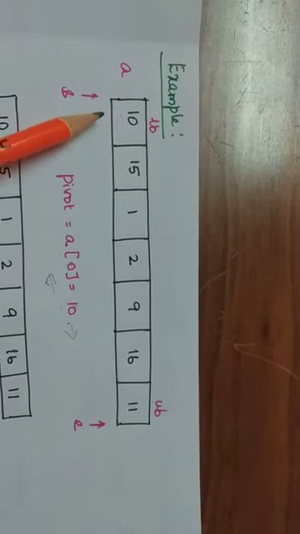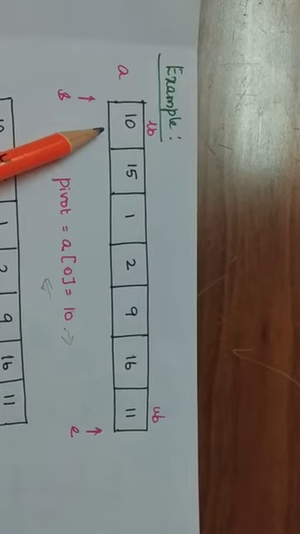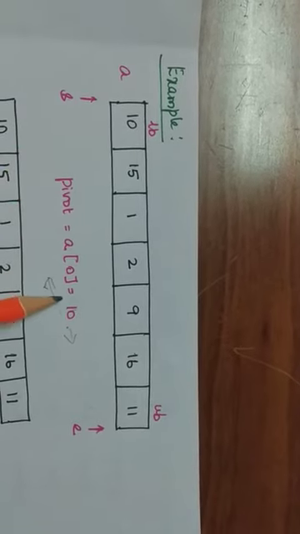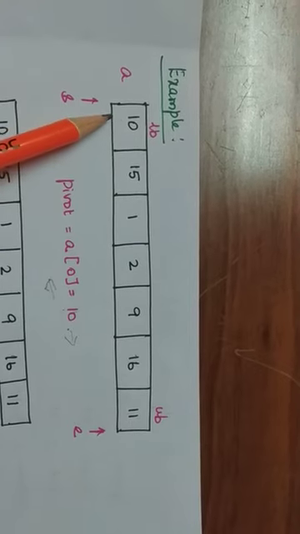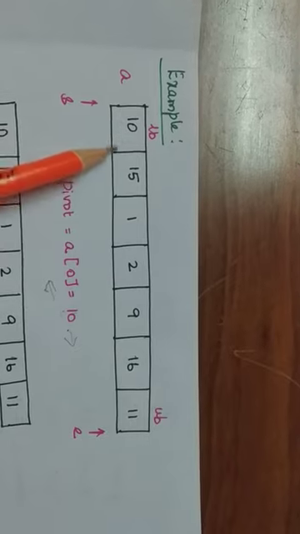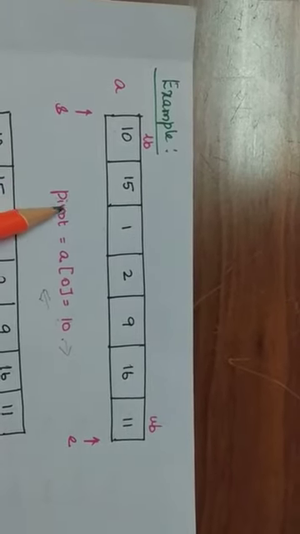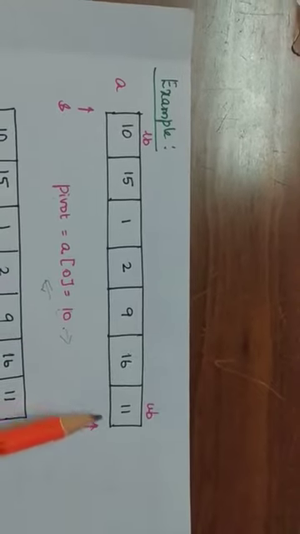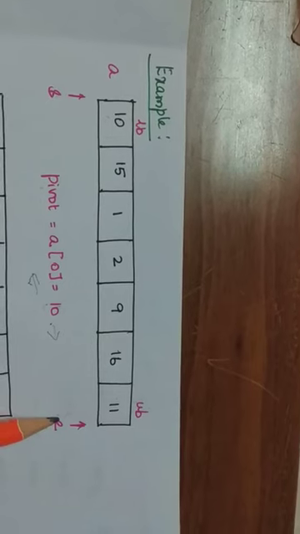We will go on incrementing S if the element is less than the pivot element. We have chosen the pivot element as 10, so we will increment this variable by 1 when we find any value less than or equal to the pivot. Similarly, here we have taken E, which represents the end variable.